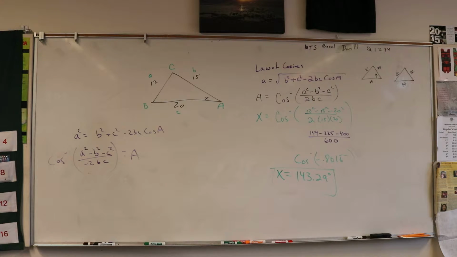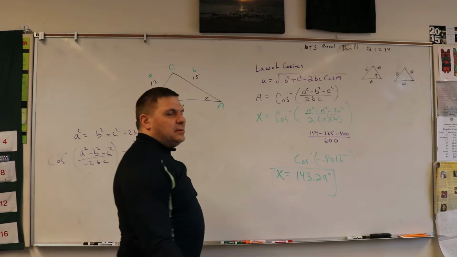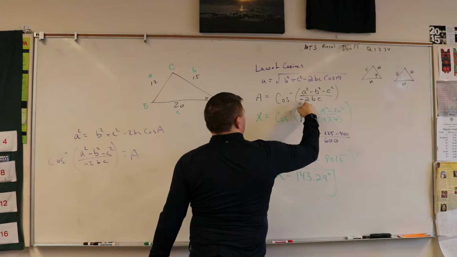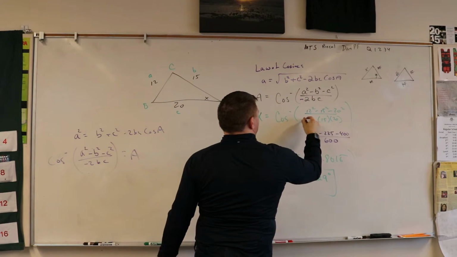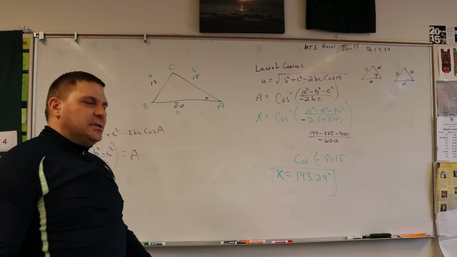That's minus B squared minus C squared. Aha! Guess what I did? Negative. That's negative 2. So that's going to give me a negative 600.